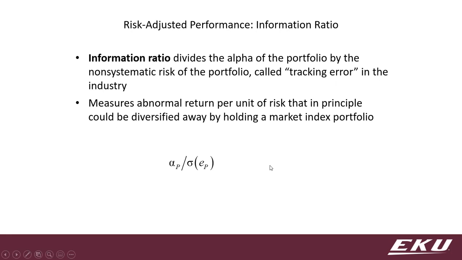But really what we're trying to say is, what was your outsized return divided by the amount of risk that you could have eliminated through diversification, right? So I'm getting an outsized alpha, but did I take on a lot of idiosyncratic risk, unique risk to that investment to get that alpha? Or was it based on something else? So they call that the information ratio, right? So in each of these, either the numerator or denominator will be slightly different.